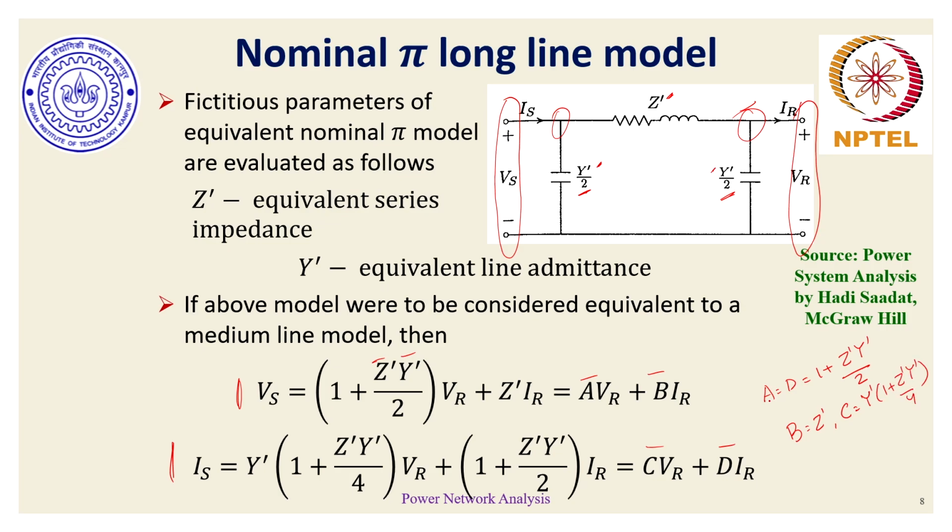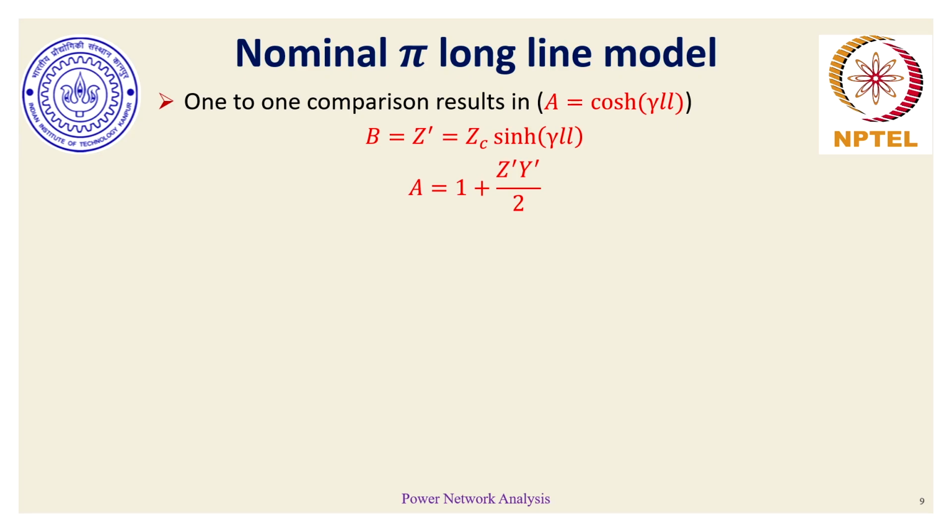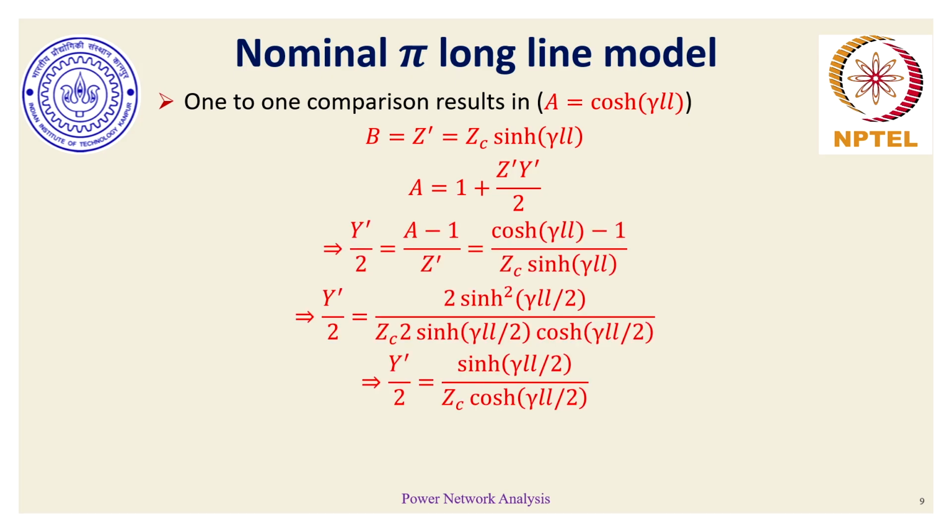We also know what these ABCD parameters are for the actual long line. So if we put those numbers, we would have a sufficient number of equations to find our two unknowns, Z dash and Y dash. If we do that by one-to-one comparison of results, we would get Y dash by 2 to be tanh of gamma L by 2, divided by ZC.